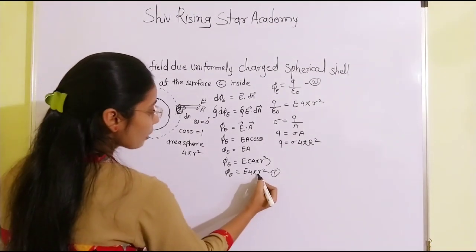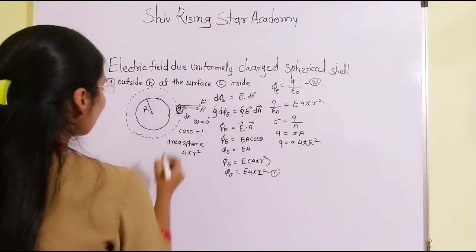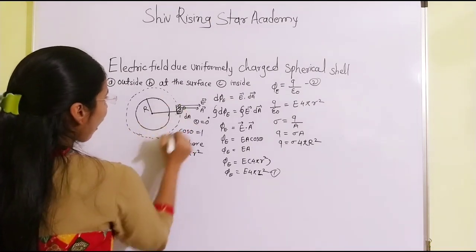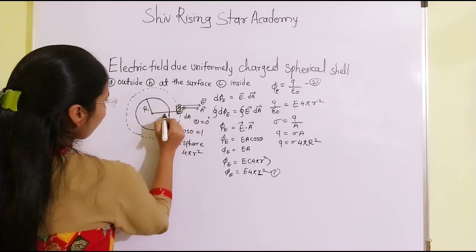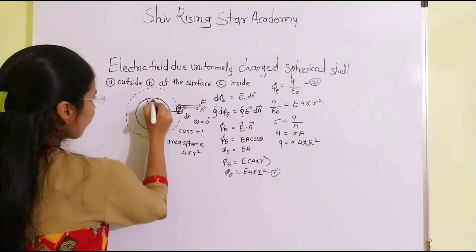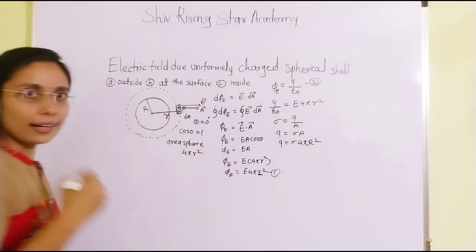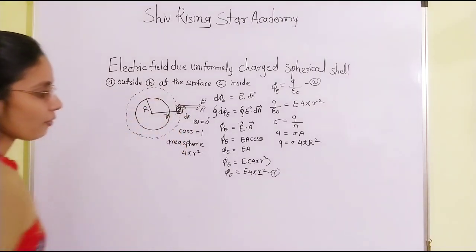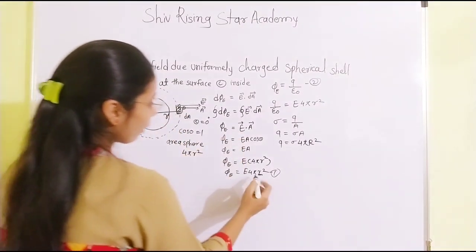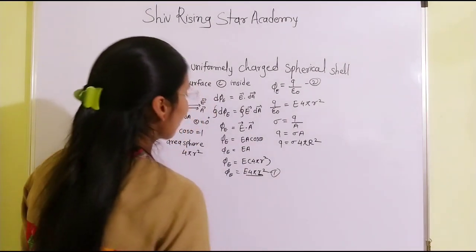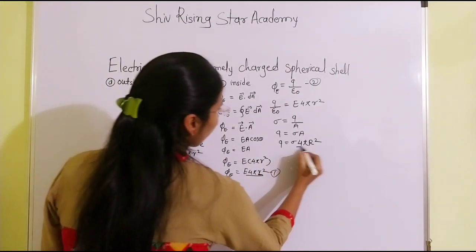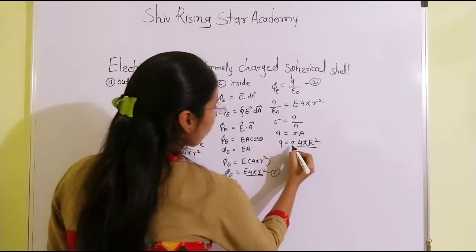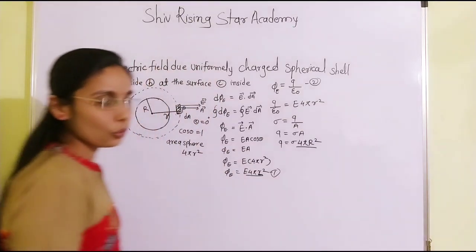Here we take small r because this is the distance of this point from the center. This capital R is the radius of the sphere and the small r is the radius of the Gaussian surface. So Q is equal to sigma 4 pi R square.